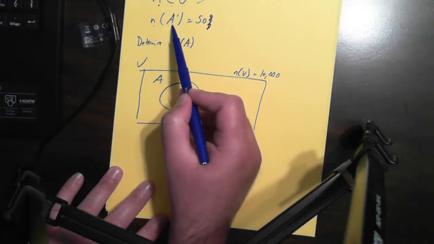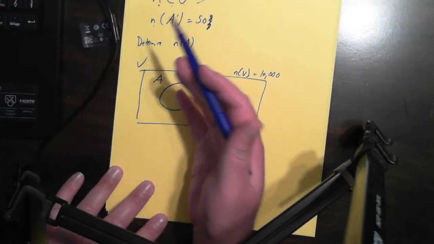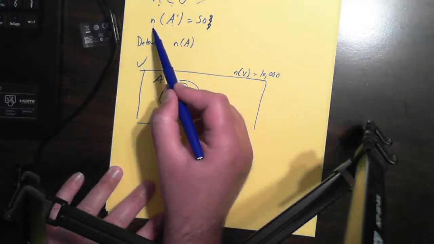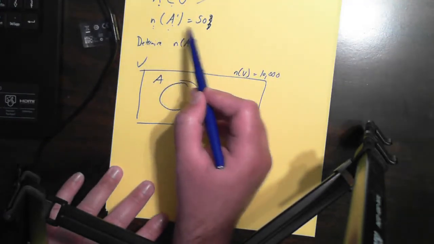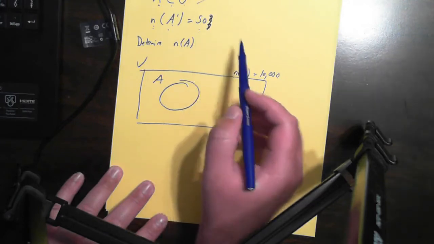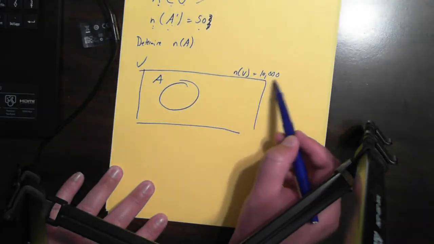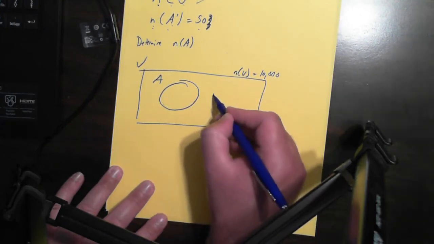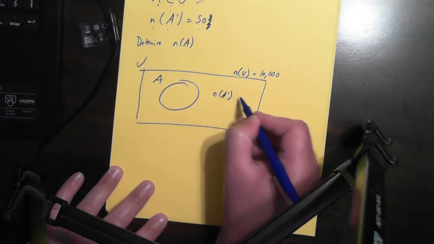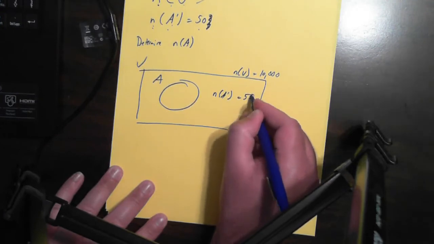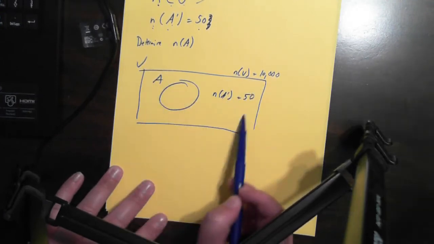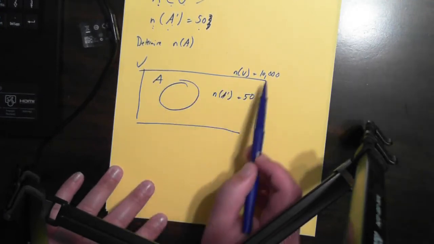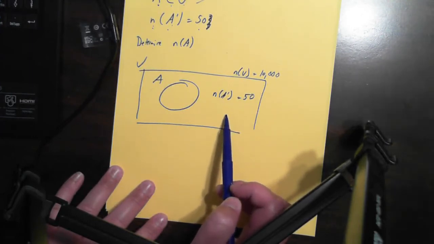The number of elements that are in the complement of A, which really means the number of elements that are not in A, is 50. So of the 10,000 elements in the universal set, I know that there are 50 that aren't inside of A. So that means out in this area here, I have 50 of the 10,000 elements.